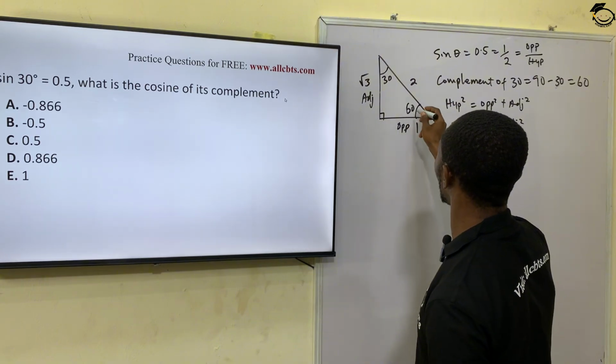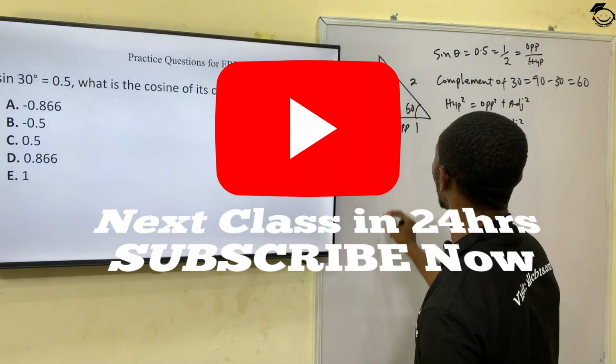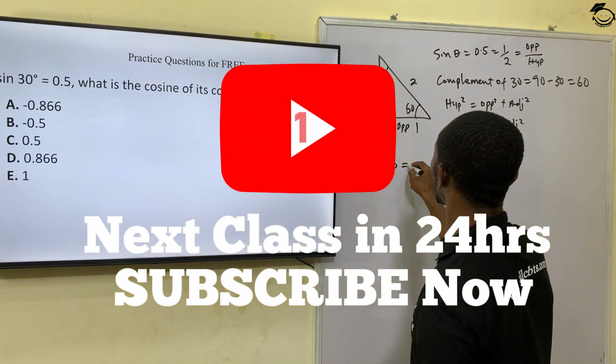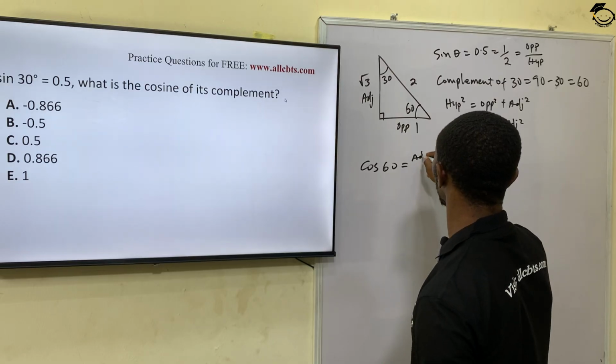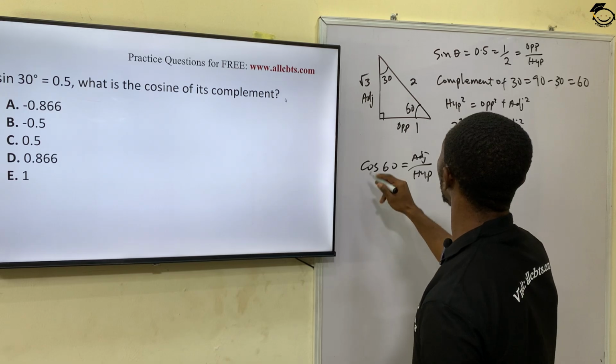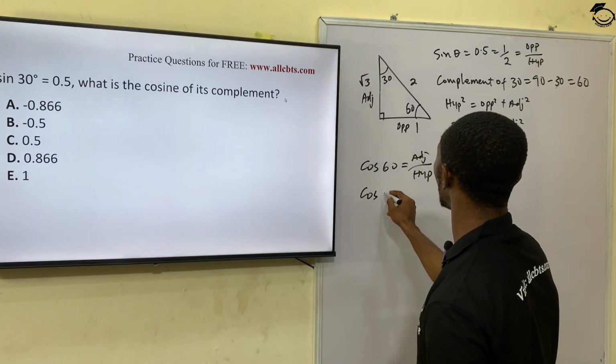Now, the complement of this is cos 60, which is adjacent over hypotenuse.